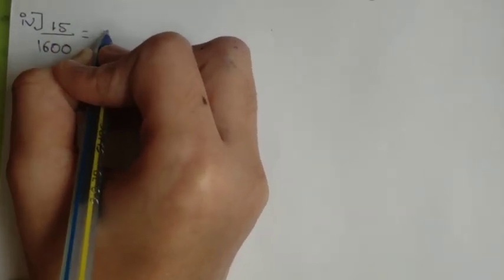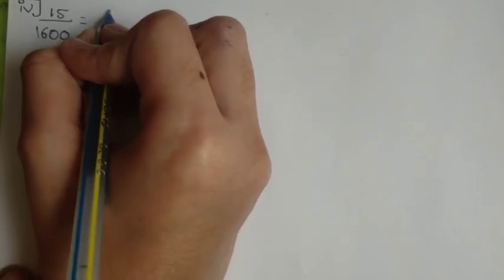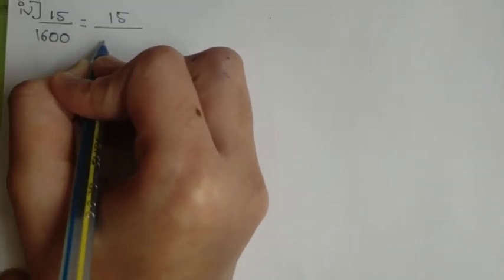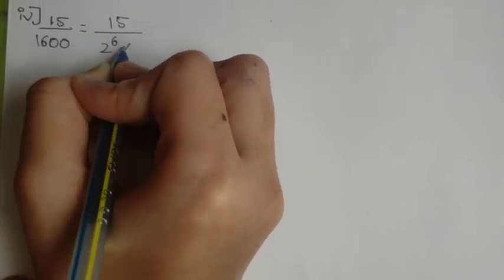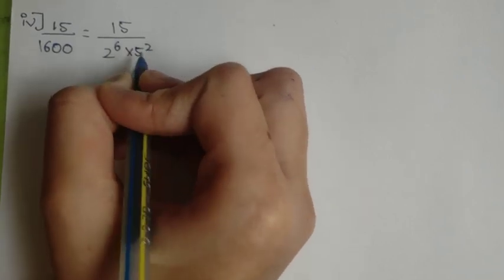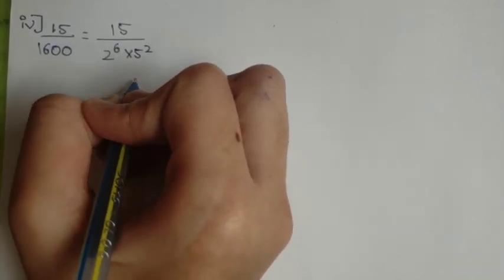So the next which we got terminating in question number 1 was 15 by 1600. Okay, so here we can write it down as, in the previous video we have done 15 by 2 root 6 into 5 root 2. Now we can see that we don't have anything common here.